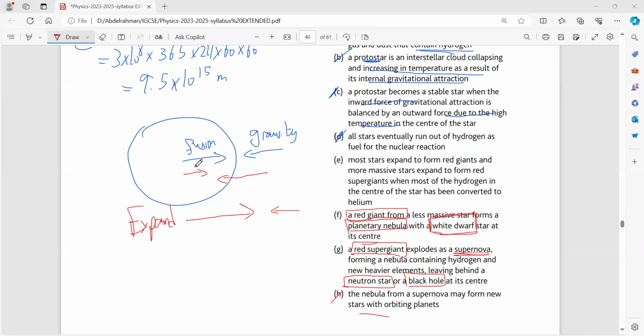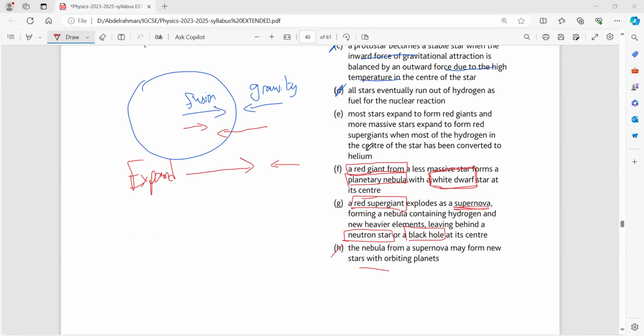When it fuses helium, the energy given off by the helium is much greater than the energy given off by the hydrogen, and therefore it starts to expand rapidly. Now the fusion is greater than the gravity. Thank you. You're welcome.